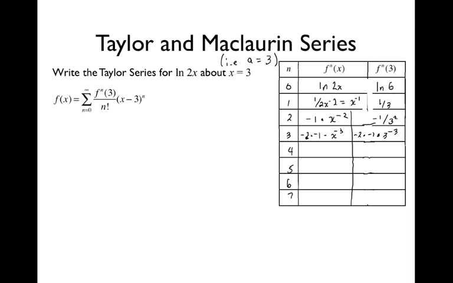The derivative is going to be negative 3 times negative 2 times negative 1 times 3 to the negative 4. So I think we've got enough to see what the formula is going to be. So when n equals 4, we have negative 3 times negative 2 times negative 1 times 3 to the negative 4.